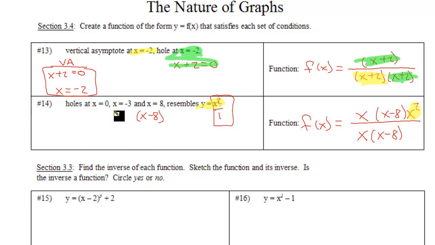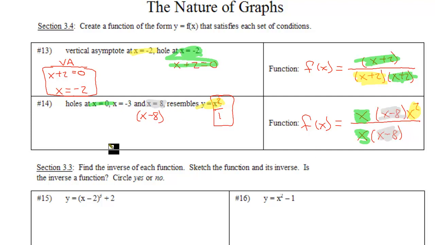Once again, to color code, resembles y equals x squared is this part. A hole at 0, -3. Oh, I've skipped the -3, so I'm not finished. There's a hole at 0. That's this part. There is a hole at x equals 8. That's this part.